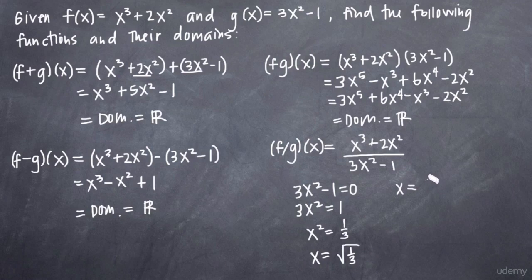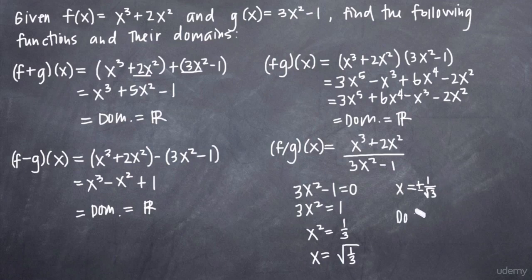We know that the square root of 1 is just 1, and then we have the square root of 3 here in the denominator. But remember, we have to include a positive or negative because we could get positive 1 over the square root of 3 or negative 1 over the square root of 3. Both of those would make our denominator equal to 0 and therefore our quotient undefined.